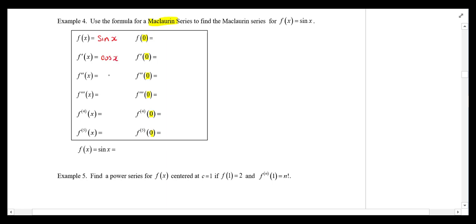Just writing all the derivatives right now. Just evaluating all these derivatives right now.